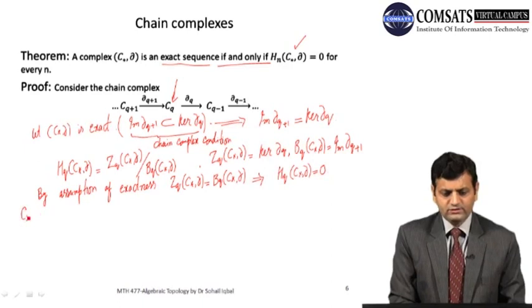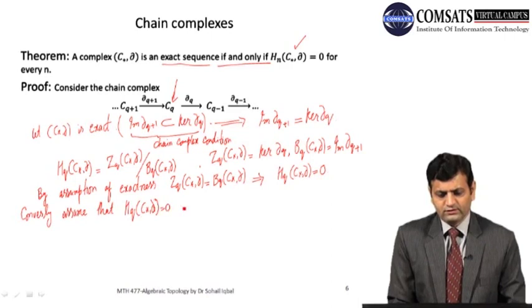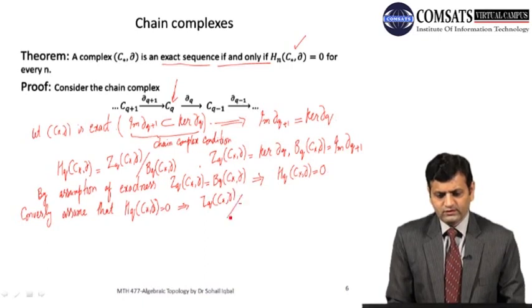Now conversely, assume that these homology groups are 0. Then by definition these Hq are Zq(C star, partial) quotient with Bq.